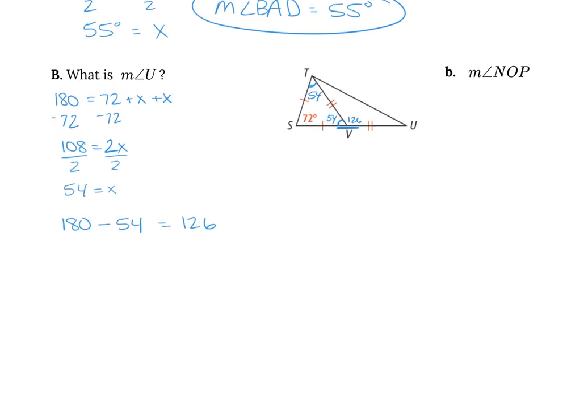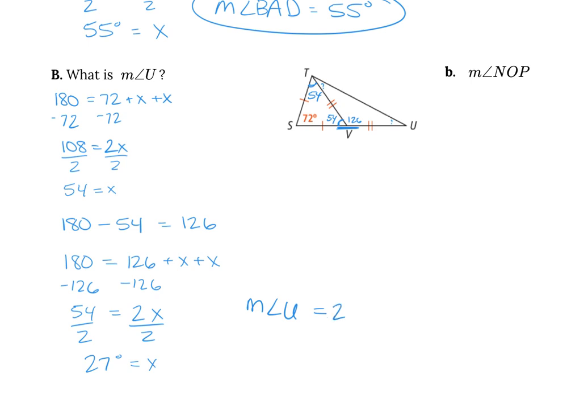I don't know what these two base angles are, but I know that all of these will add up to 180. So I'll call those X, subtract the 126, and then divide by 2. That means that the measure of U equals 27 degrees.